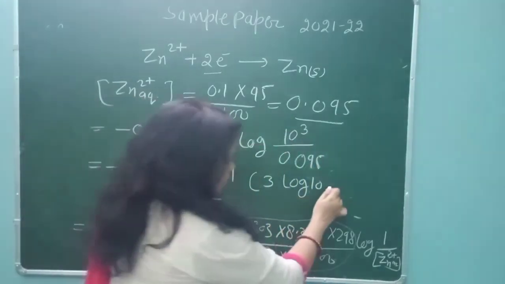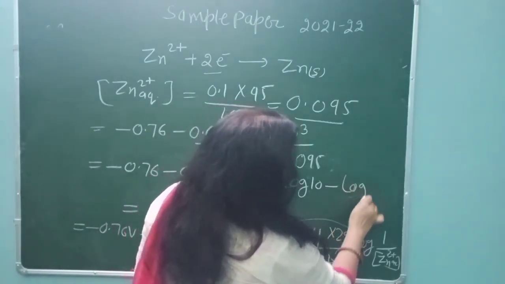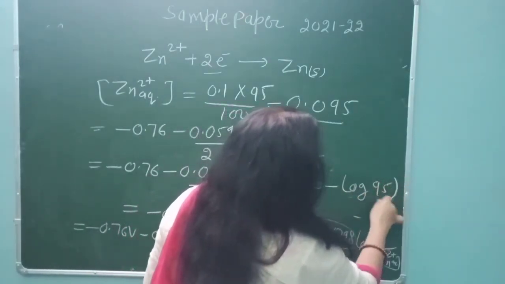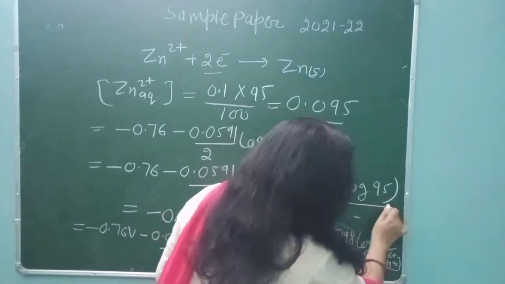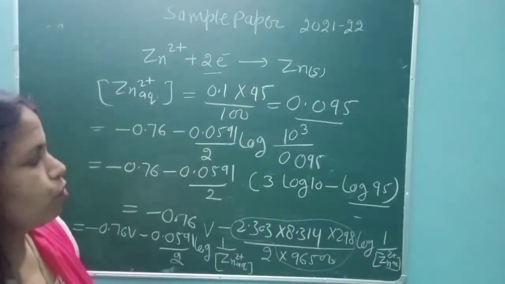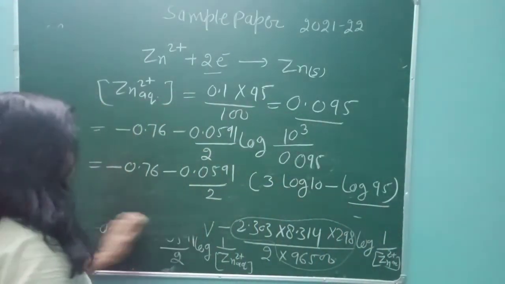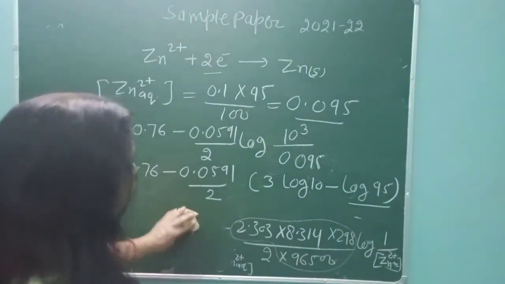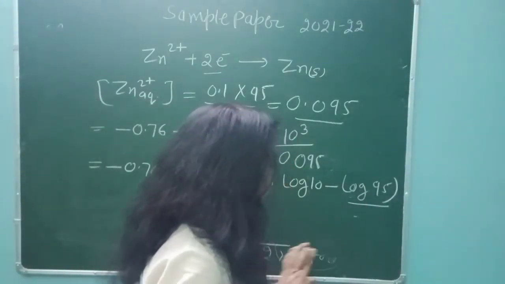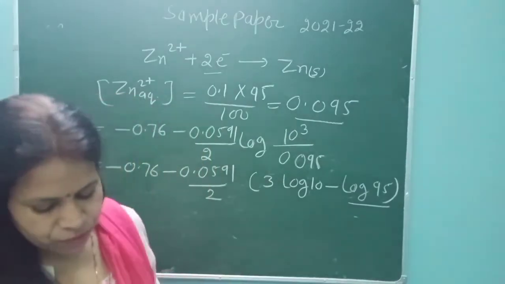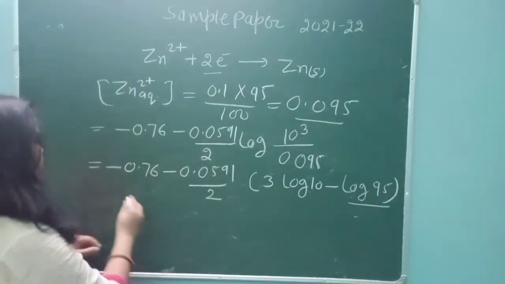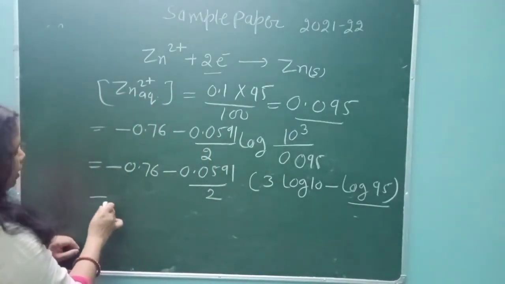Then minus log 95. और log 95 आपको क्वेश्चन में दिया हुआ है. What is the value of log 95? Write down the value of log 95 is 1.977.